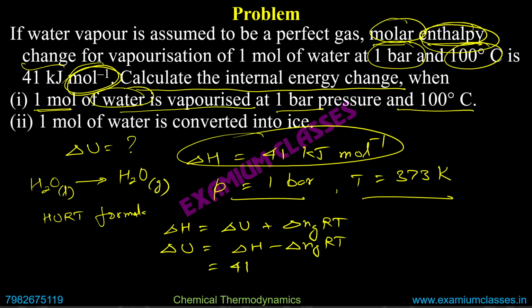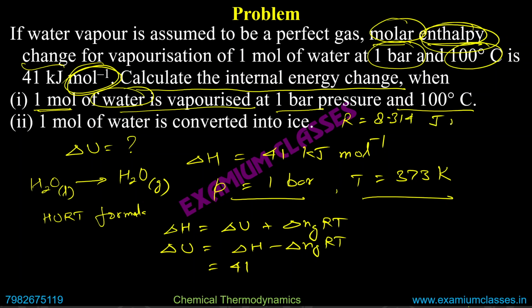Now, a very important point where students make mistakes. It is given in kilojoules, and the value of R, 8.314, is in joules per mole per Kelvin. You can't use two different units.